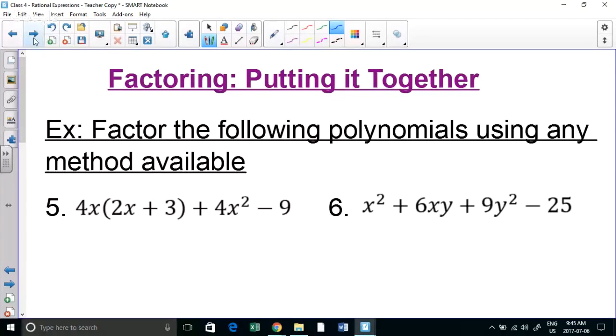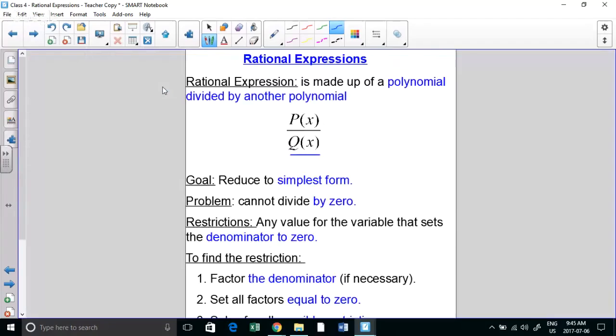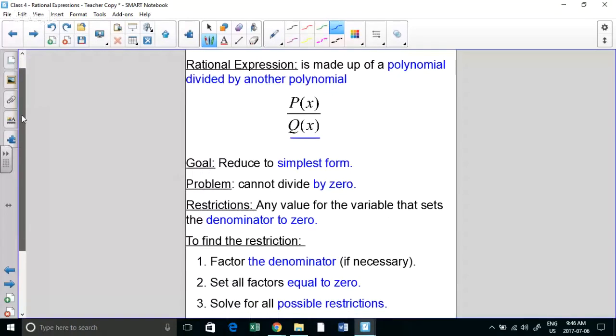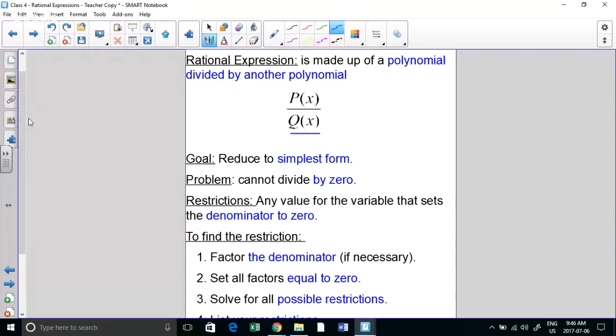To that end, we are going to start talking about rational expressions. I'll give you a minute to copy down the blue, and then I'll talk about it.